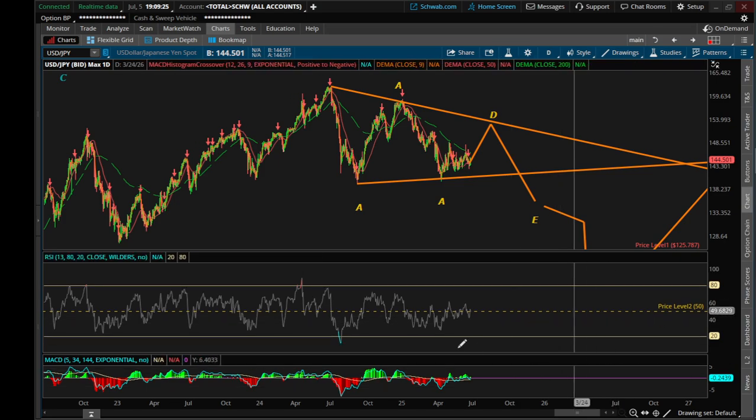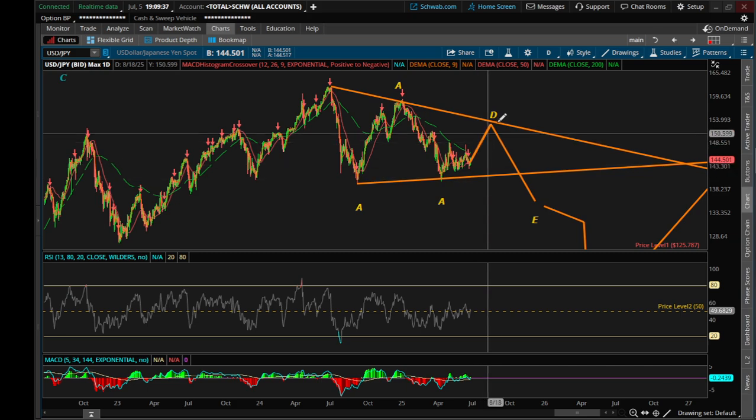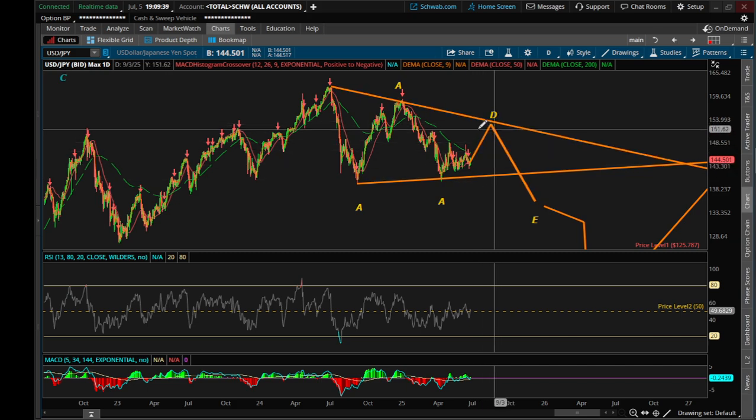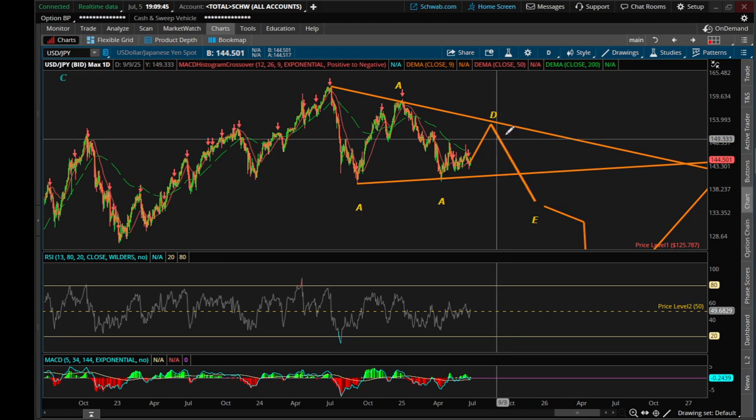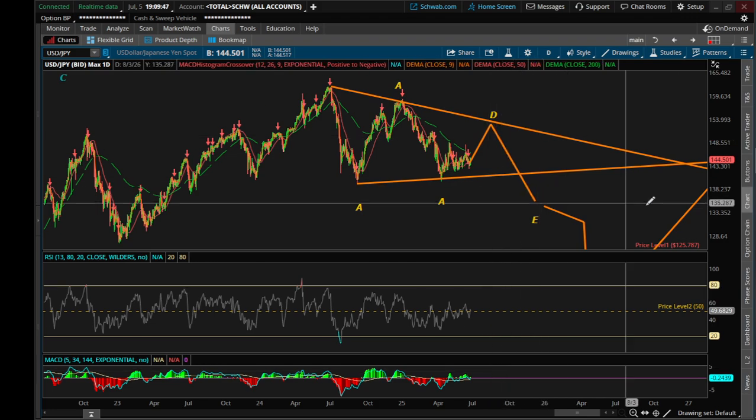The RSI is just telling us we'll see some volatility right now. Maybe one more push to the upside. Looks like it already broke through. And we should get that D leg. So we should be able to catch some swings up before it breaks down.